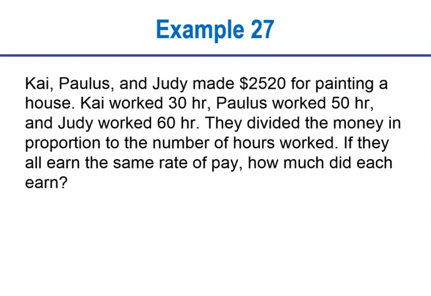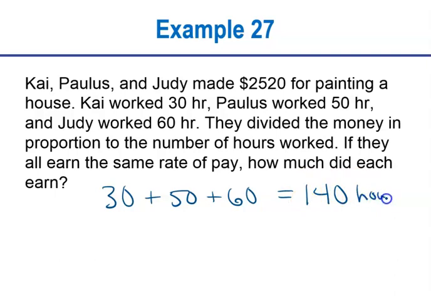Now my thought is, why don't we take the hours that they worked? So we've got 30 hours plus 50 hours plus 60 hours, which gives us a total of 140 hours. And then we have this amount of pay, 2,520, right? And we write that as a ratio over 140 hours.